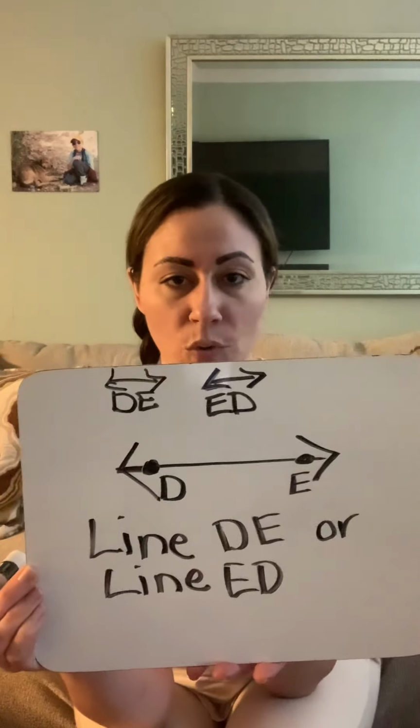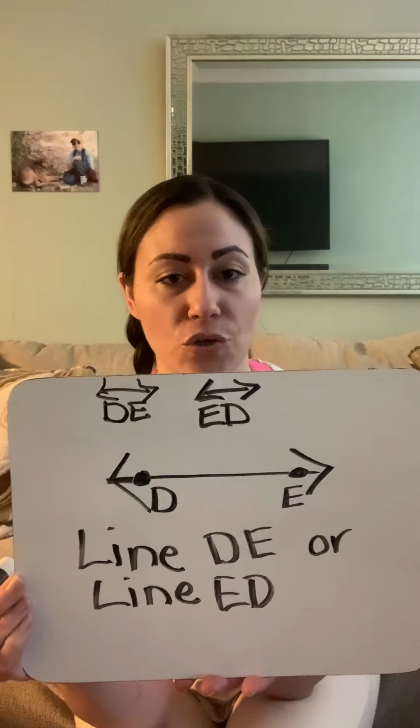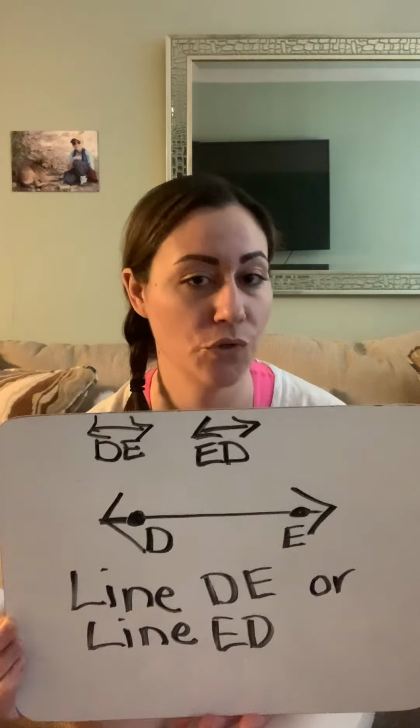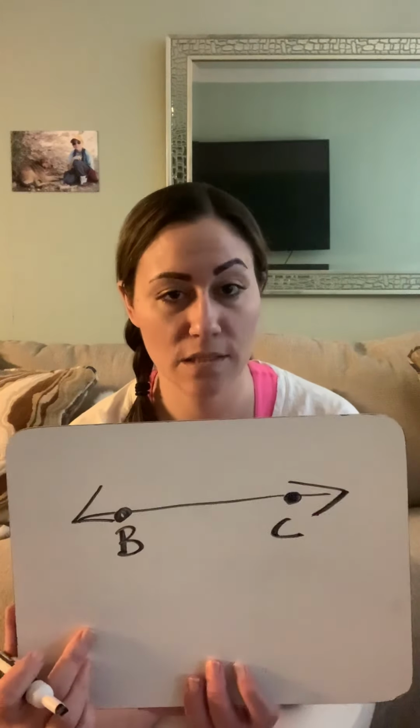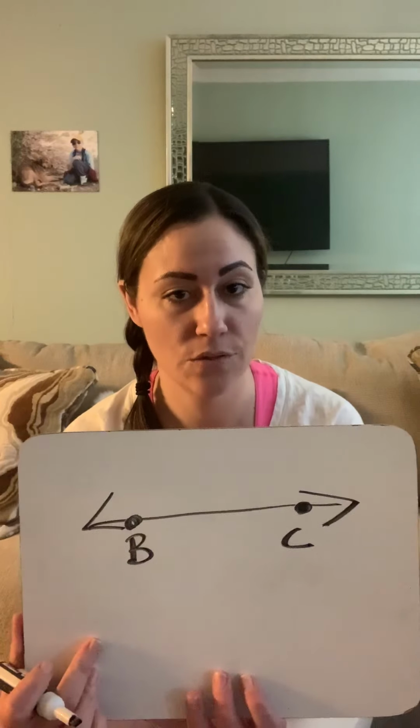Let's practice one more quickly, and then you guys are going to review your tool and answer your Google form questions on your own, practicing the same thing from the part 1 lesson. All right, so right here we have a line with 2 points. It's going to be B and C. I can write this line in 2 ways, right?